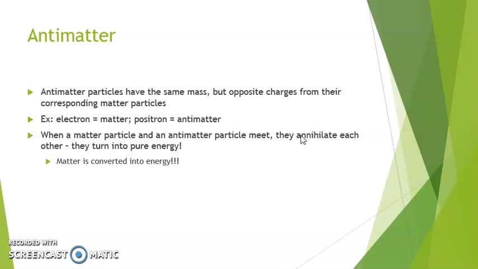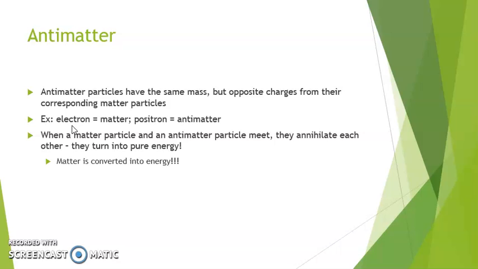And in addition to all these different matter particles, we also have what is known as antimatter. Antimatter particles have the same mass as the matter particles, but opposite charges, opposite everything else. So, for example, an electron is matter.